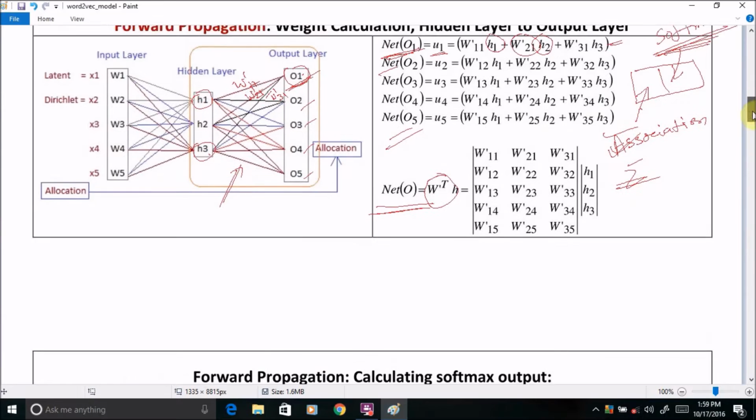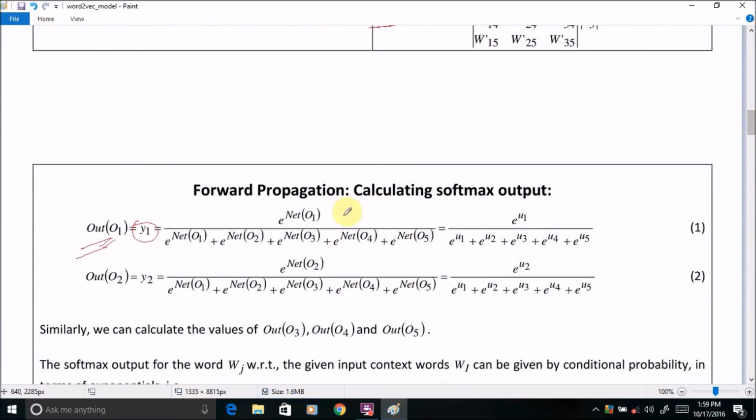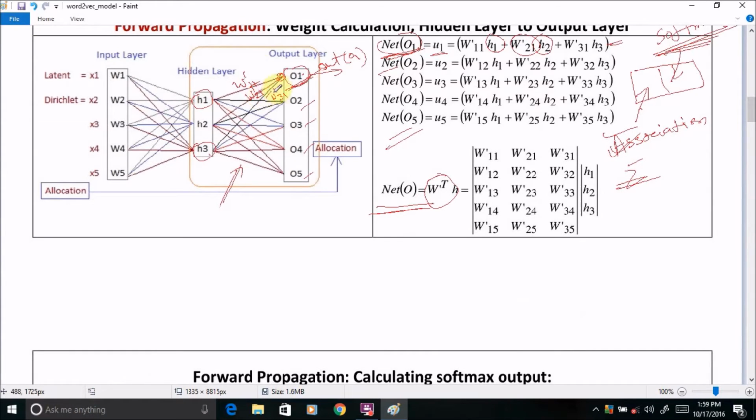The net O1 score that we calculated here is the net sum of all weights coming to this node, and this will be our out O1. So out O1 will be e to the power net O1 divided by the sum over the net scores of all the nodes in the output layer.